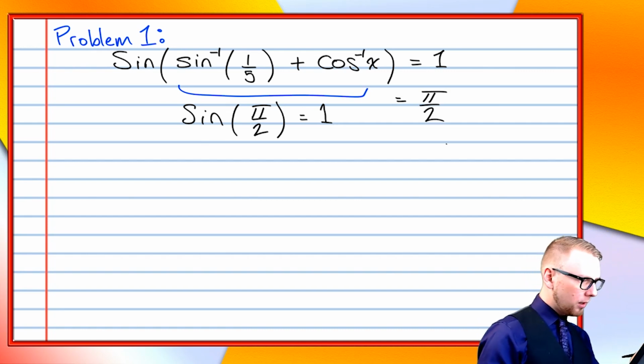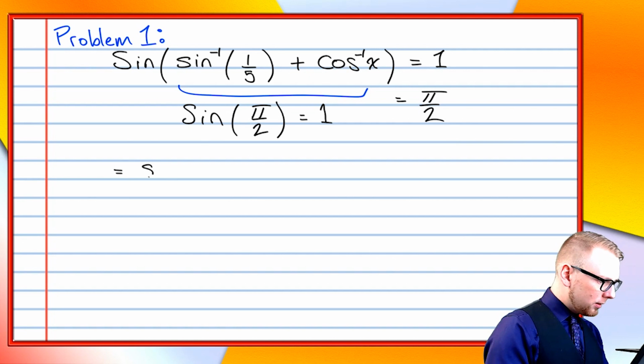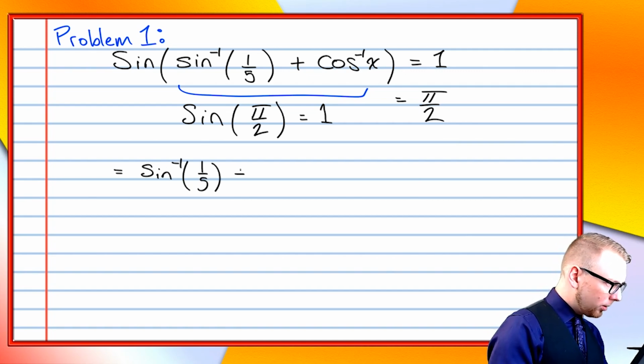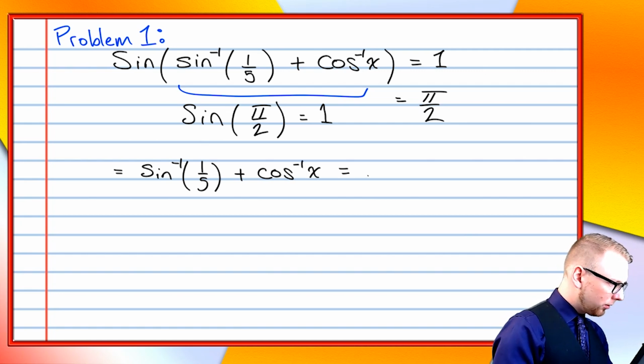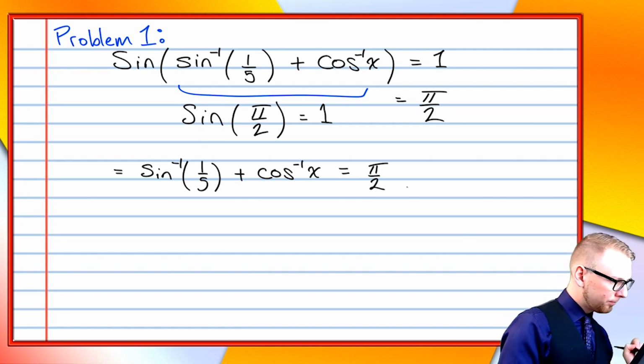All right, so let's rewrite it. Then we have sine inverse of 1/5 plus cosine inverse of x is equal to pi over 2.